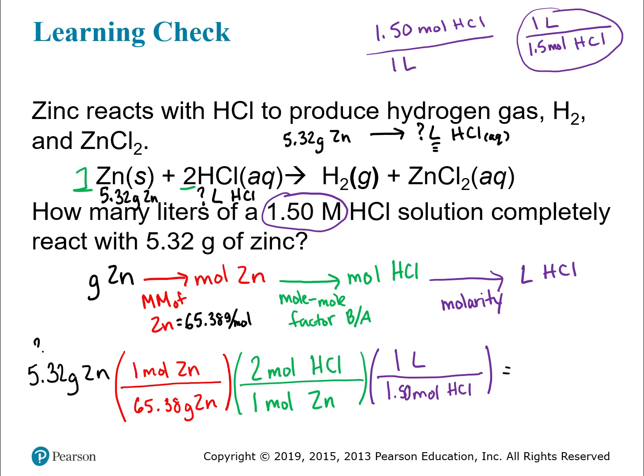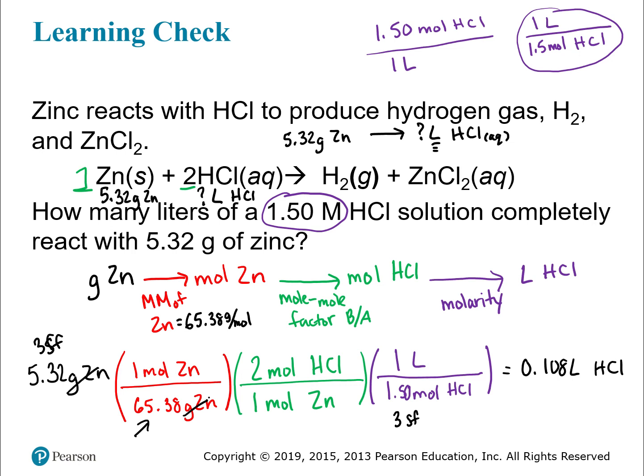So we've got 3 sig figs in the number of grams of zinc and 3 sig figs in our molarity. So that's what we're going to go with for our answer. Whenever you have a number in the denominator, like here, remember to divide. You go through and do all that math. You should get 0.108 liters.